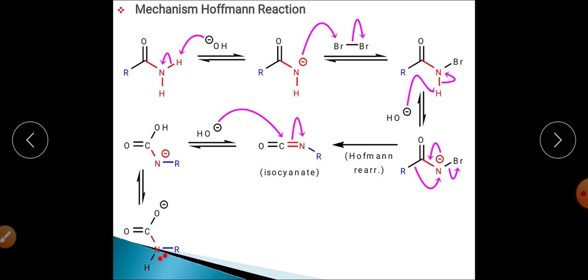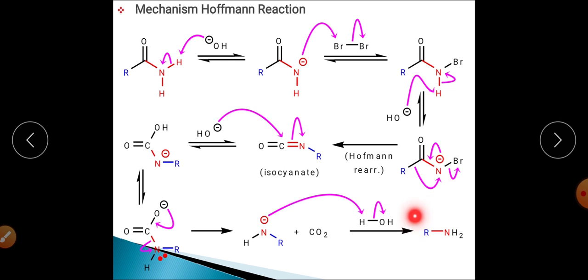After this, it will undergo decarboxylation and get converted into RNH negative, and this RNH negative will finally accept a proton from the water molecule and get converted into the amine, that is RNH2. So this is the overall mechanism of the Hofmann bromamide degradation reaction.